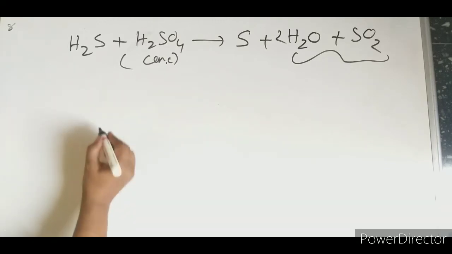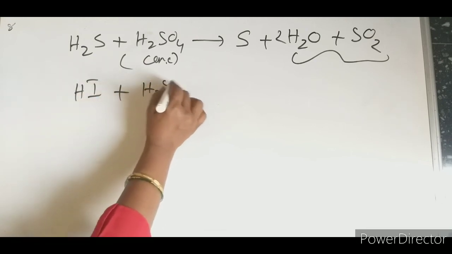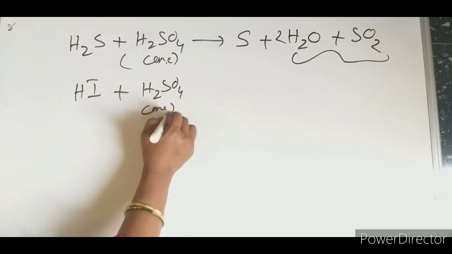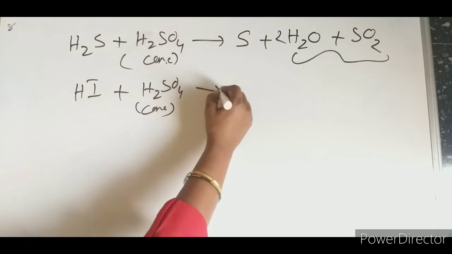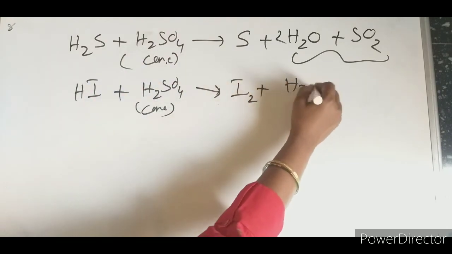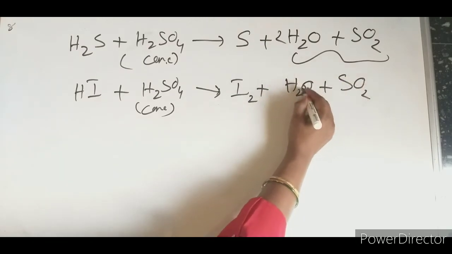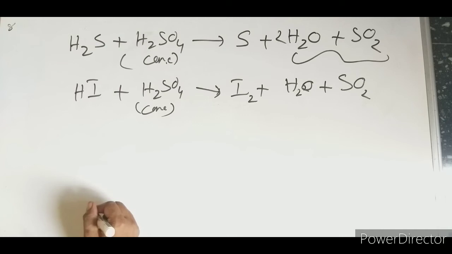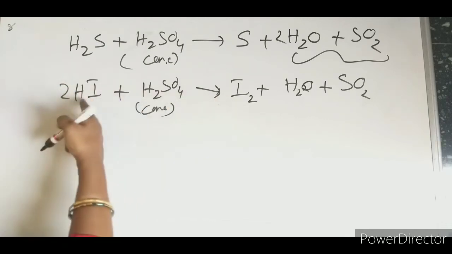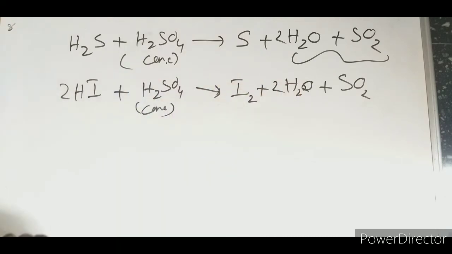And if we are taking hydrogen iodide, the same thing only. Here concentrated H2SO4 we are taking, in place of sulfur this will be iodine, and here water, and SO2. So iodine, 2, and 2 water. Okay, so these will be oxidizing agents.